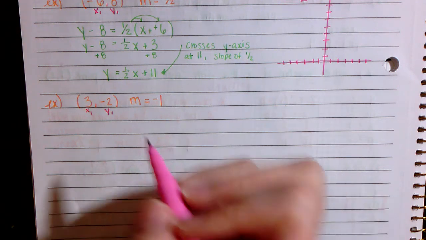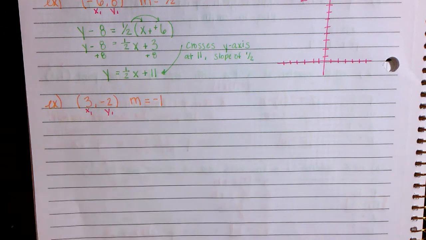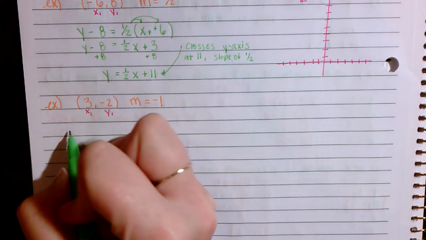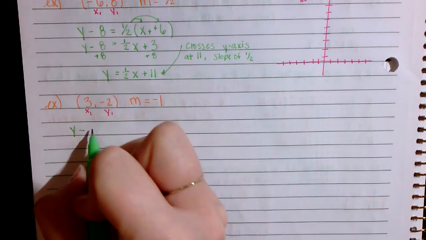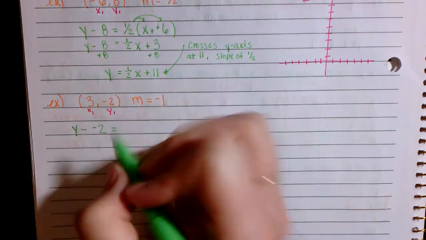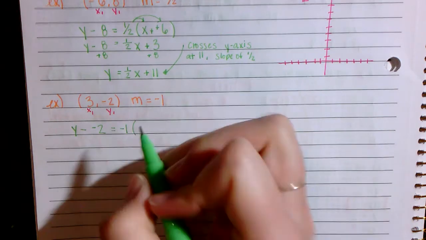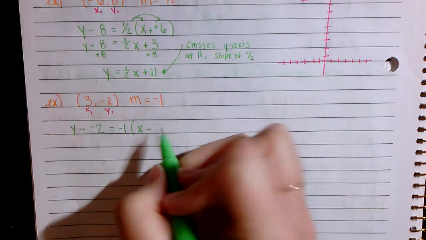So if the form is y minus y1, then I'm going to do y minus, and there's my y1, -2 equals m parentheses x minus x1, which is 3.